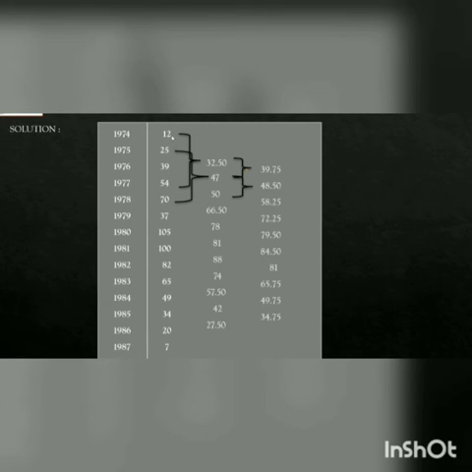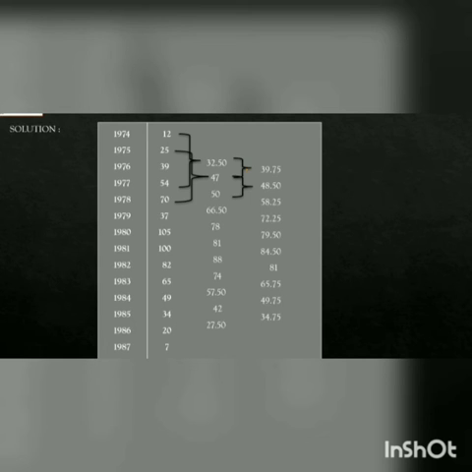For example, 12 plus 25 plus 39 plus 54 divided by 4 is 32.50 and is placed against the middle of 25 and 39. Then we have to add up the next 4 values and divide it by 4.